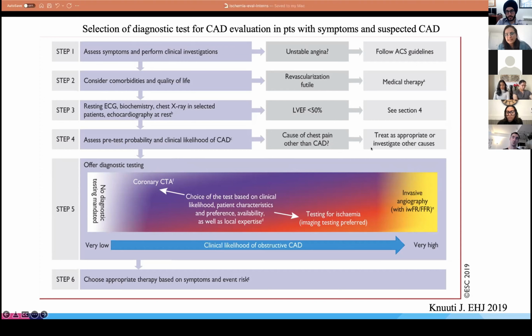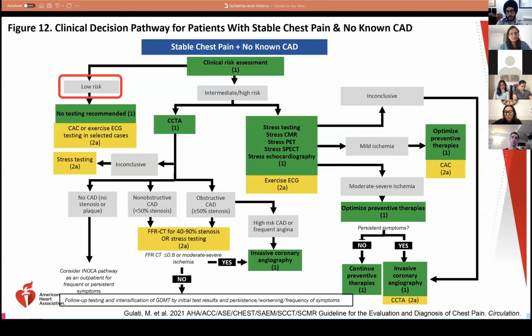So when your likelihood of disease increases, you want to choose a more specific test, such as ischemia testing, where it would tell you that the symptoms the patient is having are from ischemia, and based on the extent of ischemia and what the result is, it can help you guide what you want to do next in terms of whether you should send this patient for revascularization or treat this patient medically. So that's how you should think about what test to order.